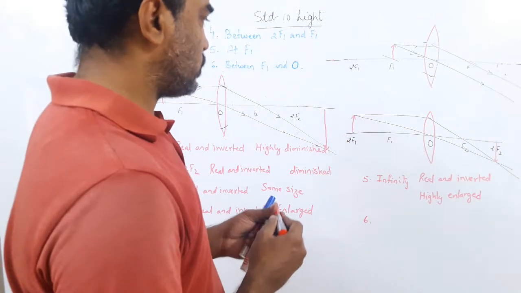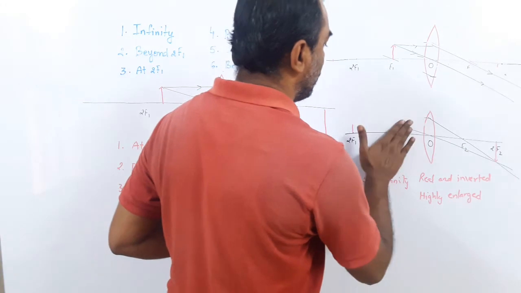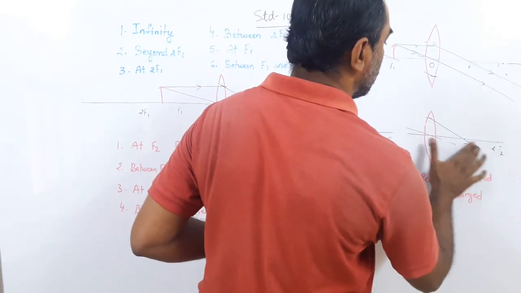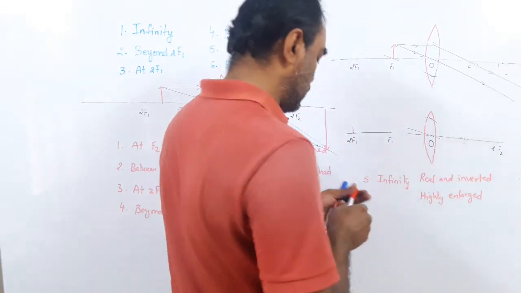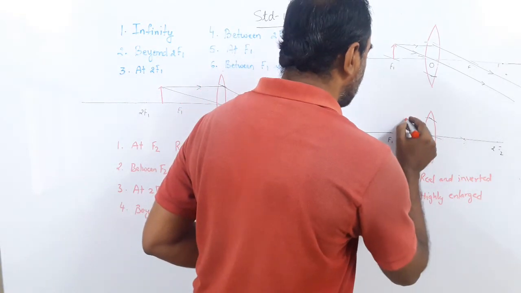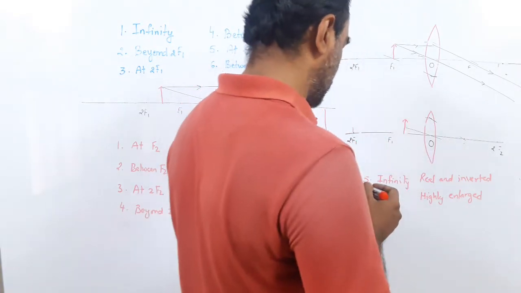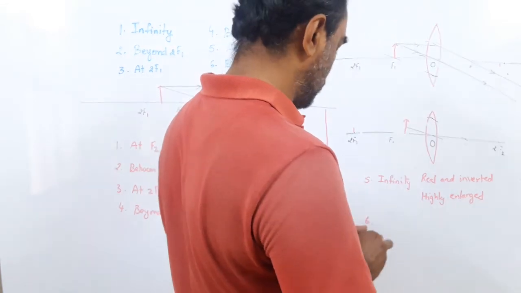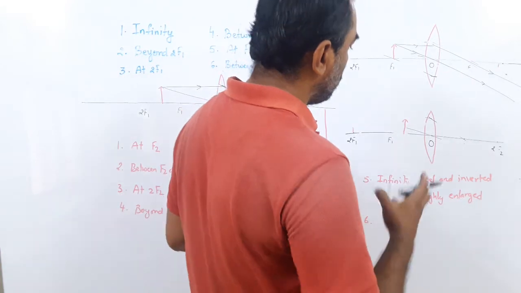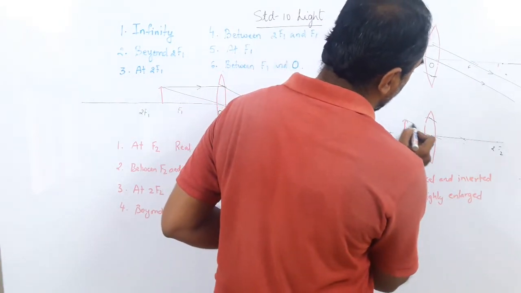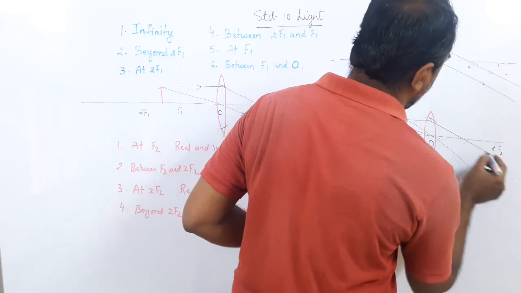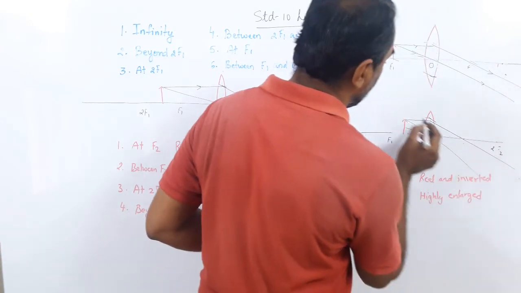And the sixth case. The object is placed between O and F1. I place it here. You can apply the same rules again. Passing through O, passing through F1. Now these you can see are diverging.